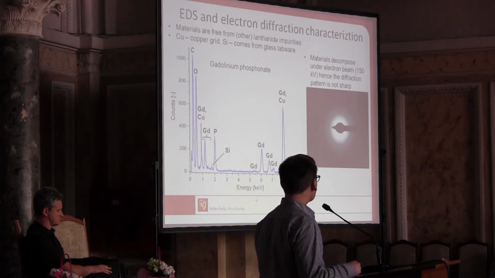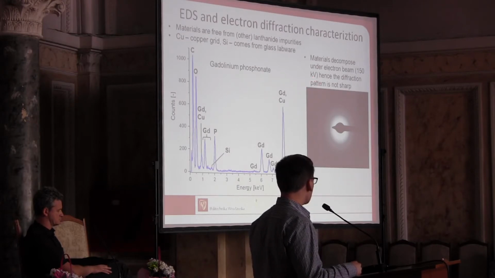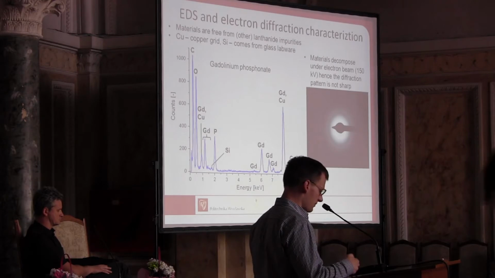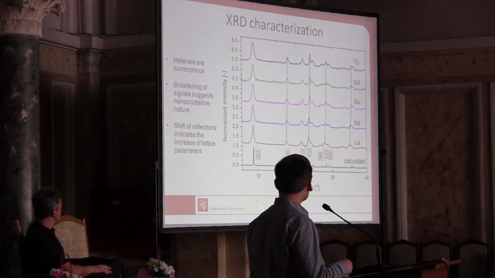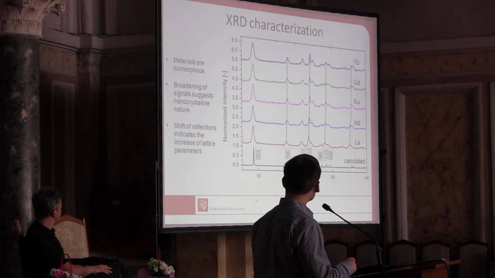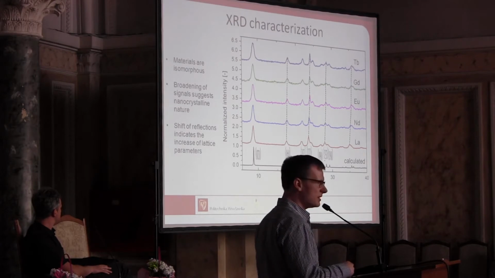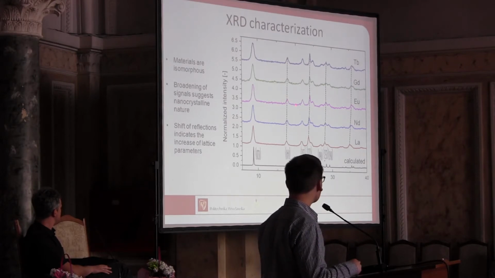We found that the materials decompose under the electron beam, hence the diffraction pattern that we try to obtain is not sharp. XRD characterization has shown that, as we can see, the spectral features are broadened, which is expected for nanoscale material.